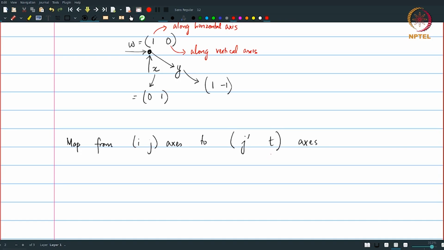Where this t will now be time and the j prime will correspond to location or a physical position of a particular computation.